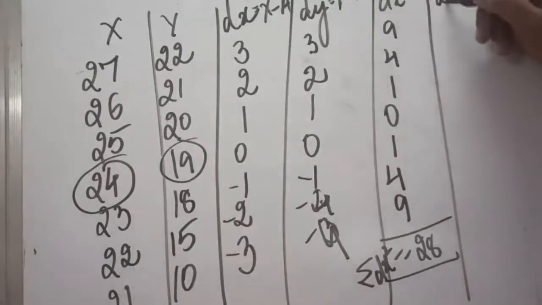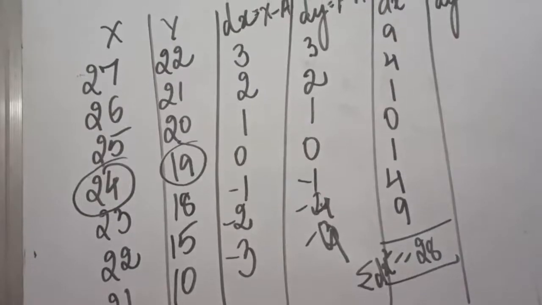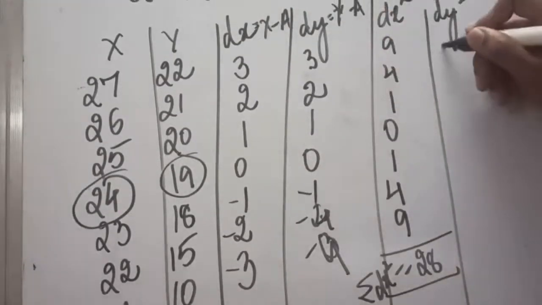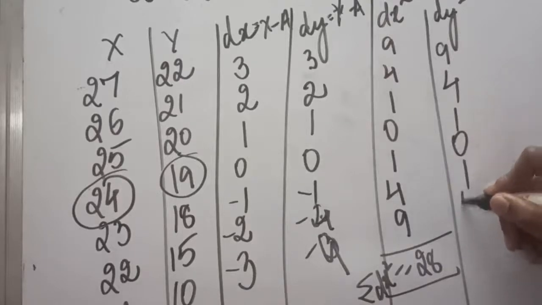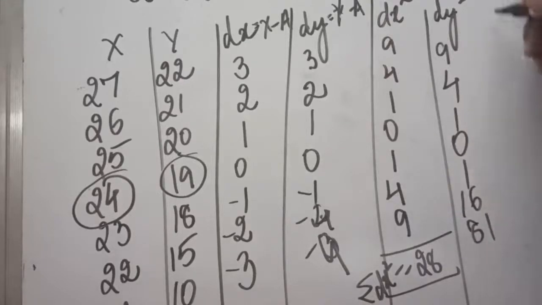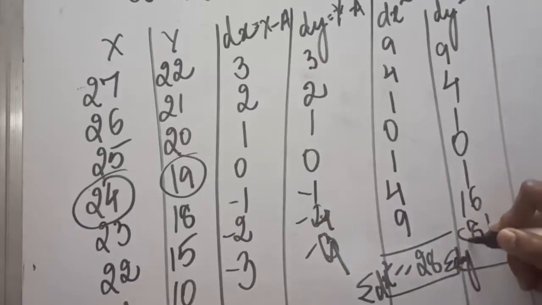The same we will do with dy square also, and dy square will be 9, 4, 1, 0, 1, 16 and 81. From here we will calculate sigma dy square, and it comes out to be 112.